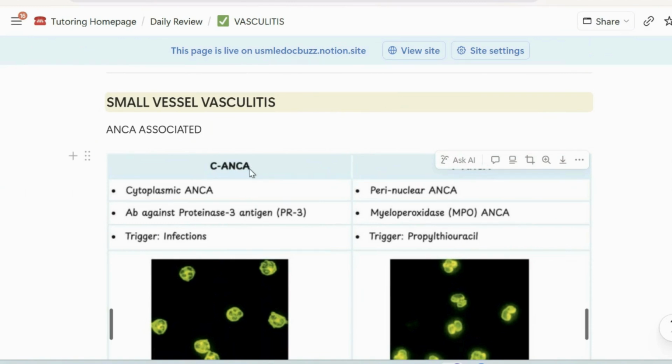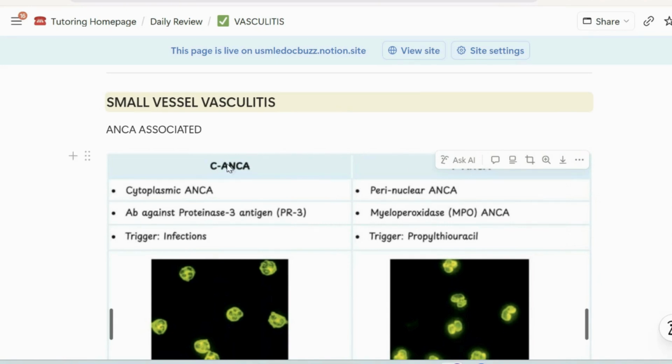There's a C ANCA, which is cytoplasmic ANCA, and there is a P ANCA, which is perinuclear ANCA, right? Now, the markers that they are attaching to have to be understood as well. So C attaches to PR3, and P attaches to MPO, myeloperoxidase, okay?